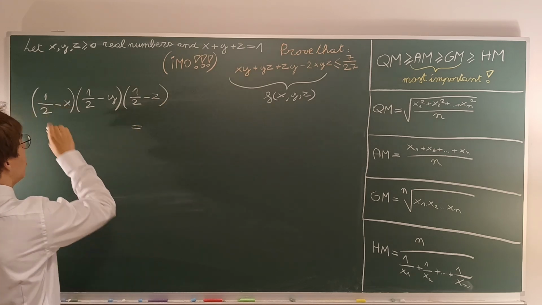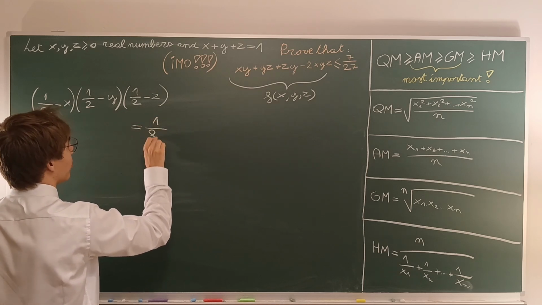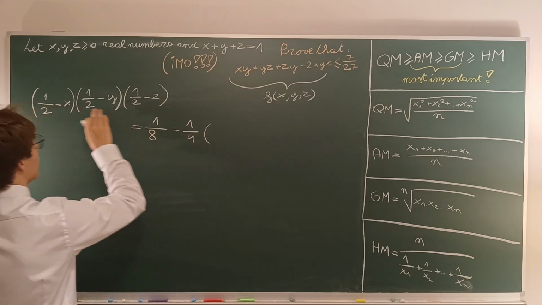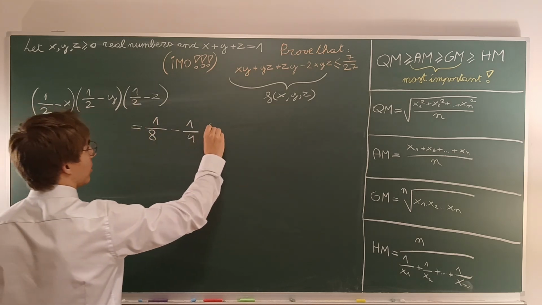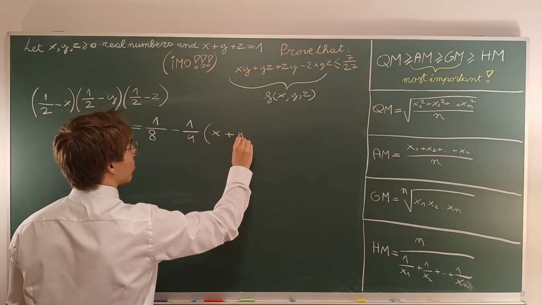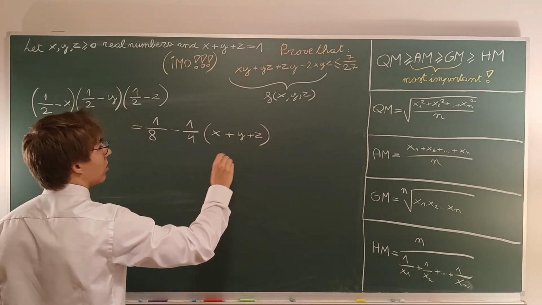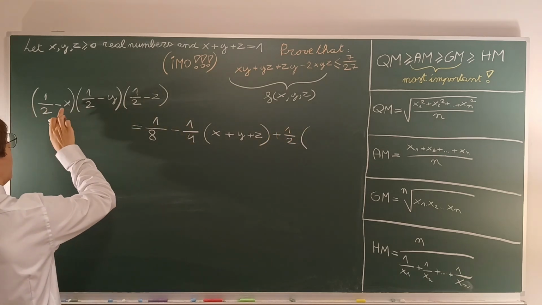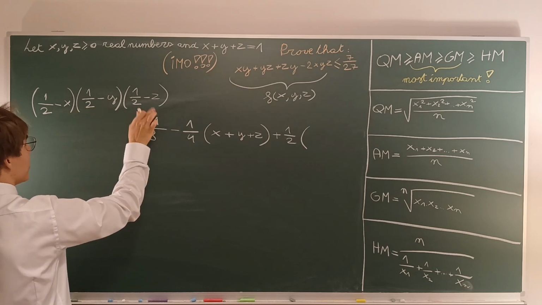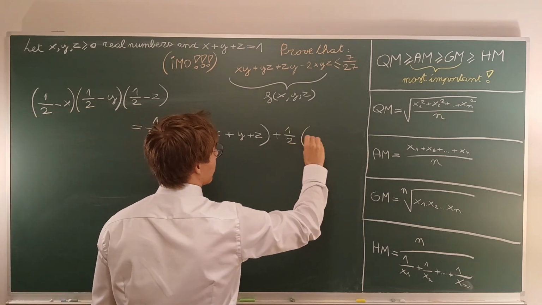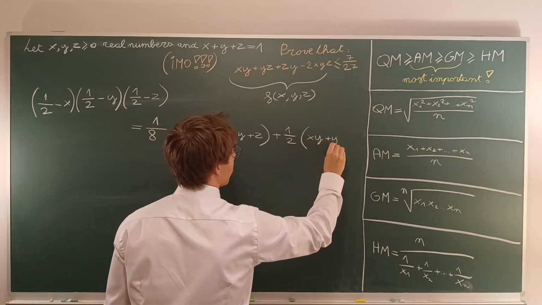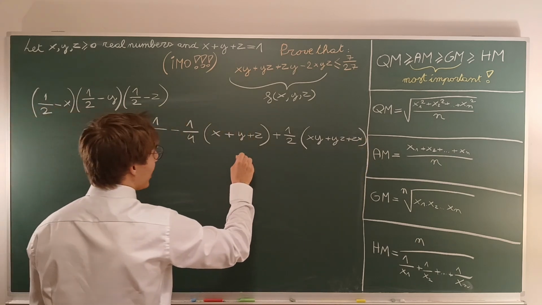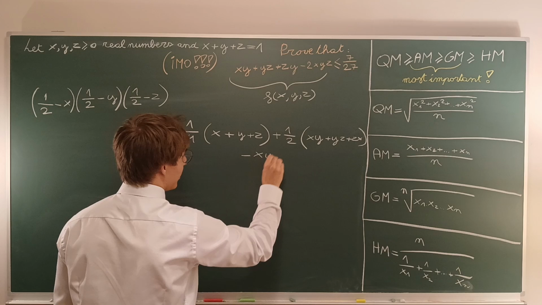This is equal to 1 over 8 minus 1 over 4 times x plus y plus z, plus a half times xy, yz, and zx, and then minus xyz.